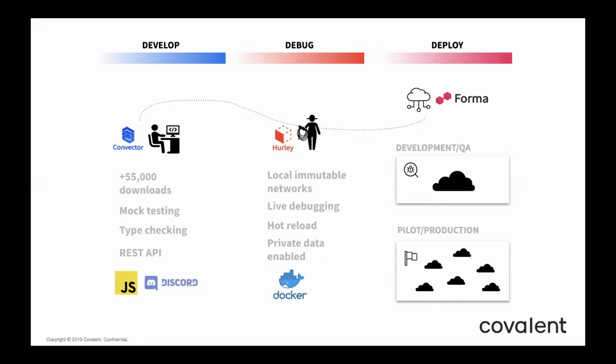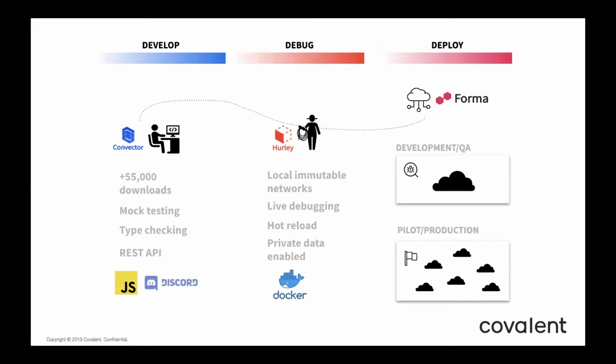We offer Hurley for that, so you don't have to even worry about all the complexities of setting up a local network. We use Docker for this, and with this we enable even hot reloading of the contracts and live debugging of the contract. So if you want to just put a breakpoint in your code and see what's going on inside a transaction happening on your network, you can do so.